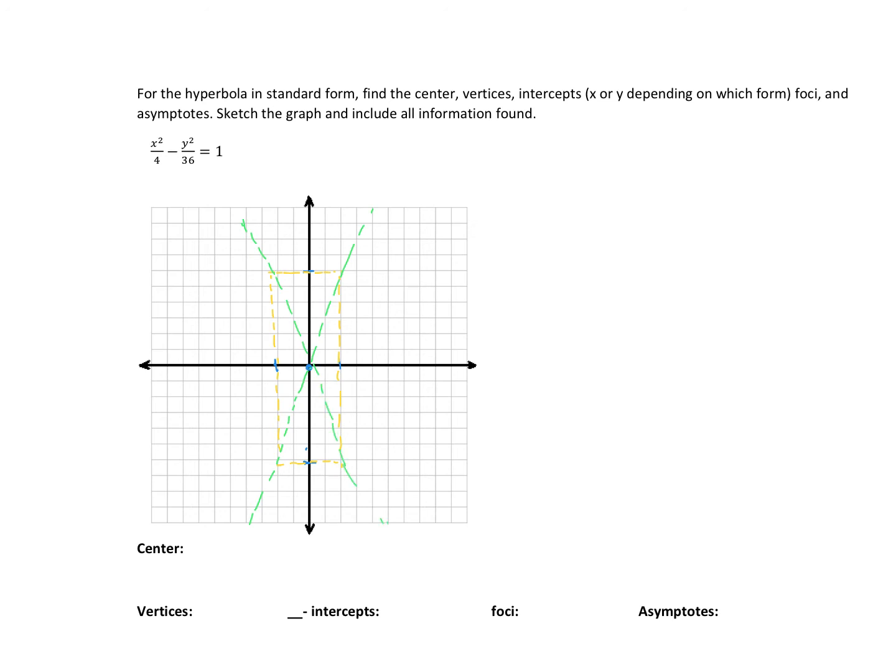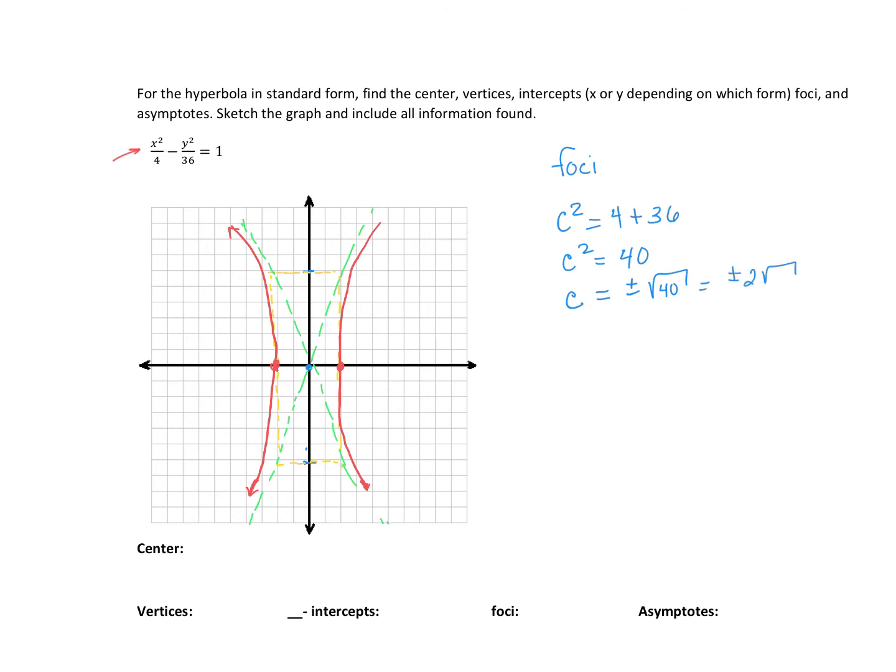Because our x squared is first and positive, we know this is going to open in the x direction, and it's going to kind of hug these asymptotes. So it's going to look something like this. Now, if I wanted to find my foci, I would take c squared equals 4 plus 36, and I would get c equals plus or minus square root of 40, which becomes 2 root 10.